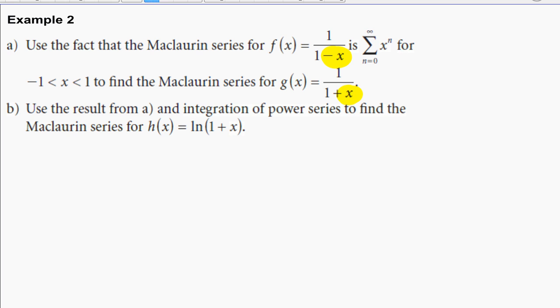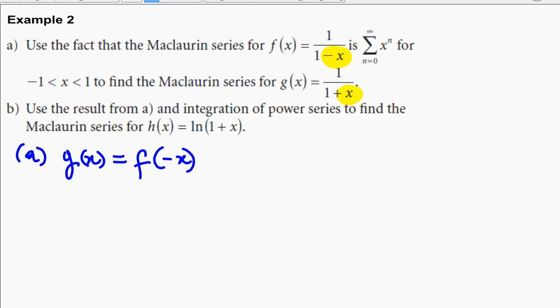We can notice that g of x is equal to f of negative x. So basically, if you plug negative x in place of x in f, then you end up with g of x.